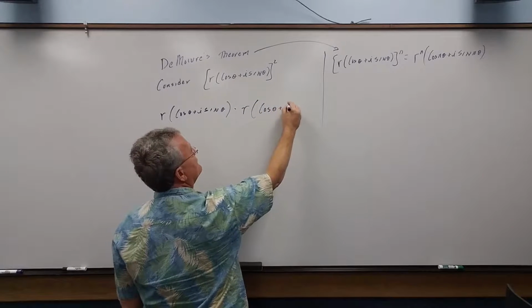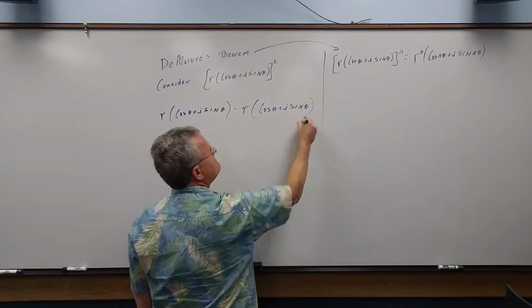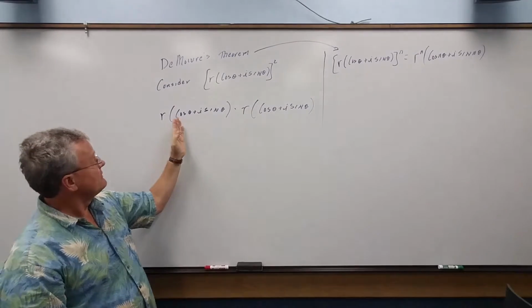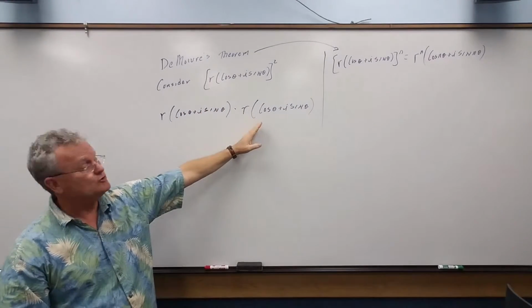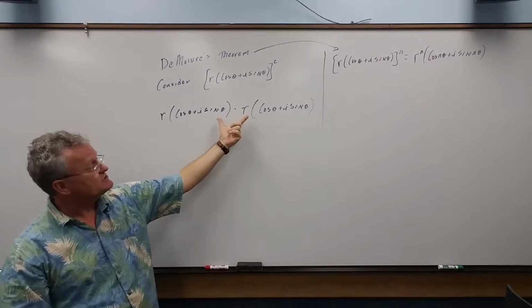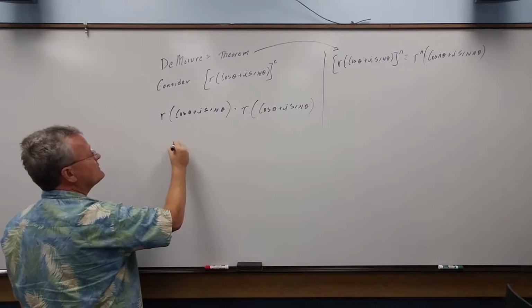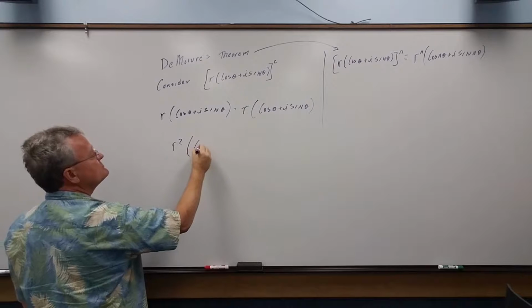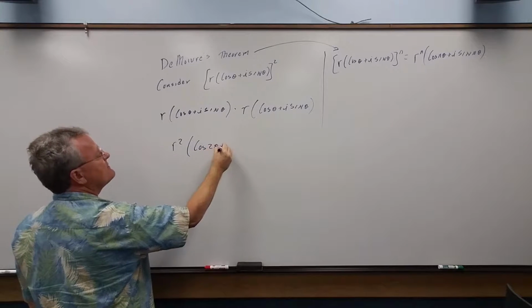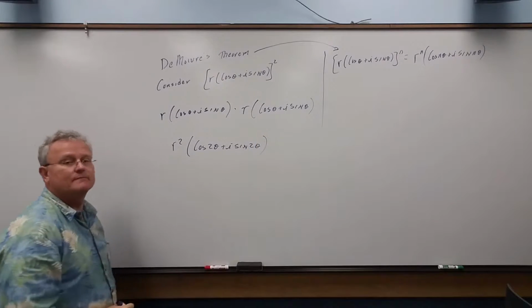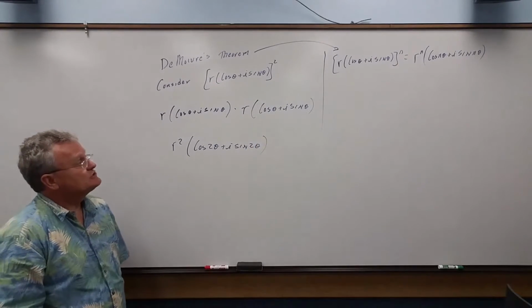All right, well, we learned earlier that when multiplying two complex numbers in trig form, this is equal to r squared times cosine 2 theta plus i sine 2 theta. All right, good enough. So we learned that.